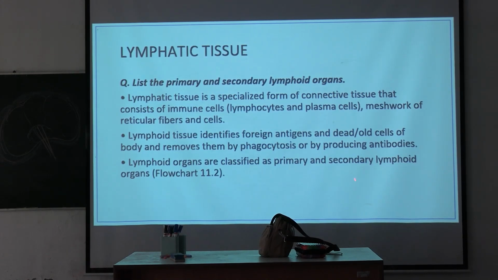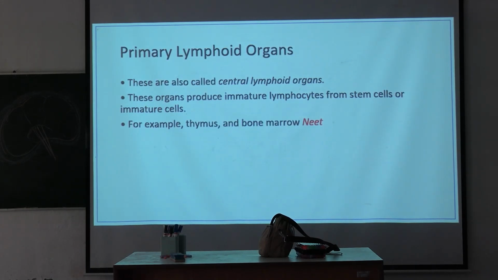Now, primary lymphoid organs and secondary lymphoid organs. Primary lymphoid organs are also called central lymphoid organs. These organs produce immature lymphocytes from stem cells or immature cells, for example, thymus and bone marrow.